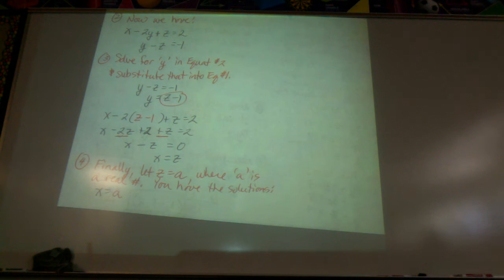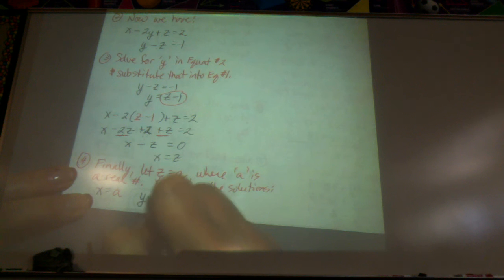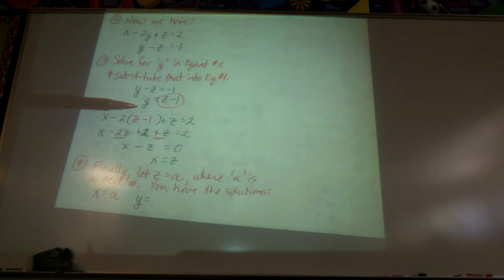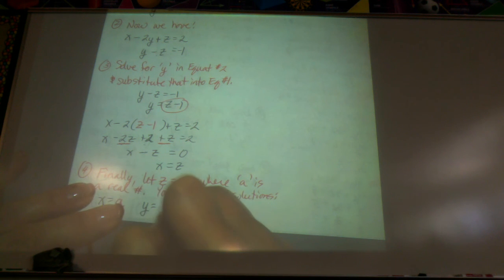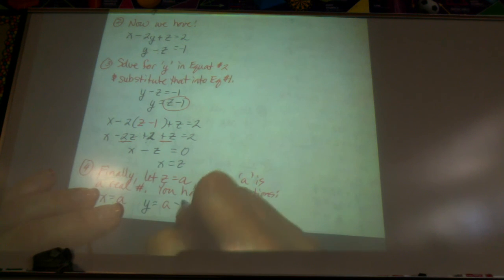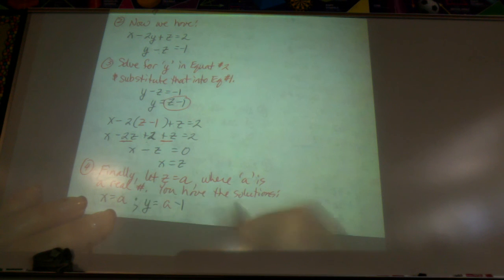Okay. Do I have a way to find y if z is a? So what's y? Here's what y equals. A minus 1. So we have a, instead of a z, minus 1. And then z also equals a, right?